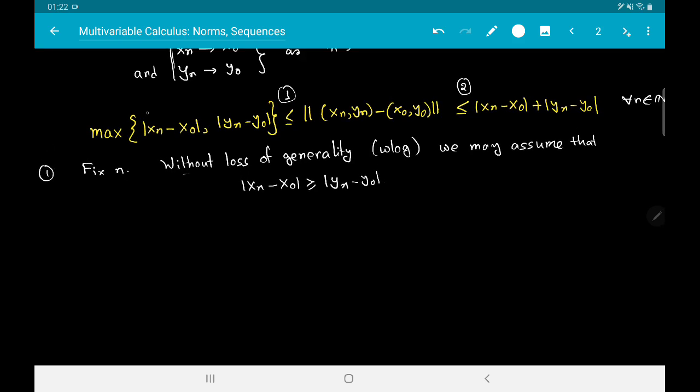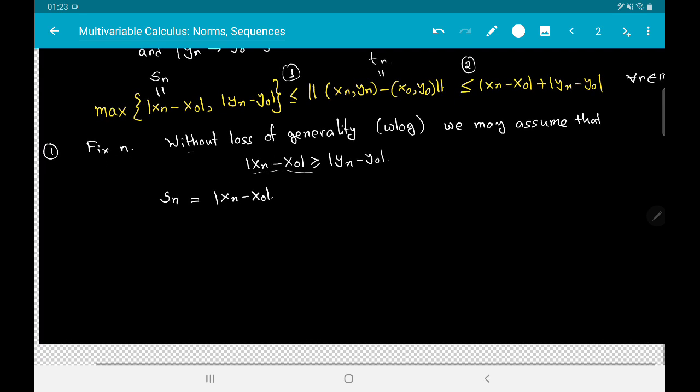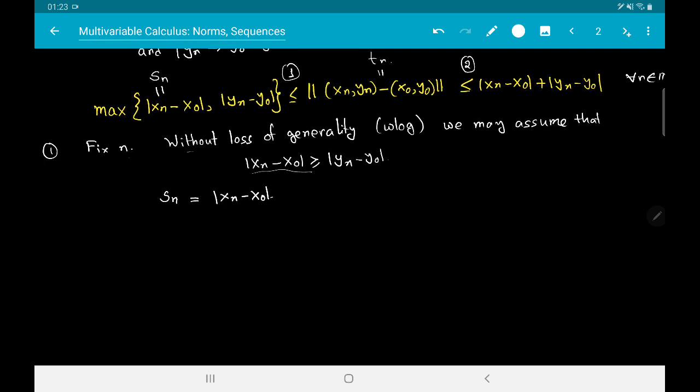Okay, so then what do we have? If I call this number Sn and this number Tn, what is Sn? Sn is going to be modulus of xn minus x0, because this is going to be the maximum. It may so happen that they are equal; in that case also modulus of xn minus x0 is the maximum, so there is no harm in writing like this. And we want to show that modulus of xn minus x0 is less than or equal to this quantity. So what is Tn?